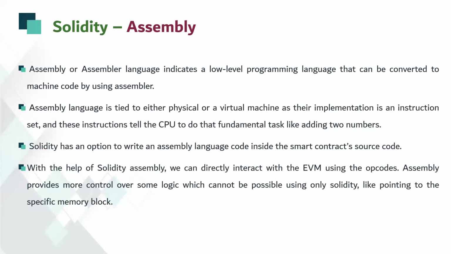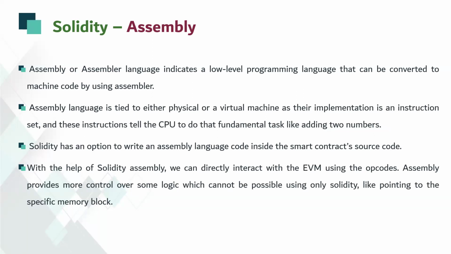For example, you can directly manipulate memory, perform bitwise operations, access and manipulate storage slots, interact with external contracts, and more. So Solidity assembly allows you to write optimized and efficient code by directly utilizing the EVM opcodes.